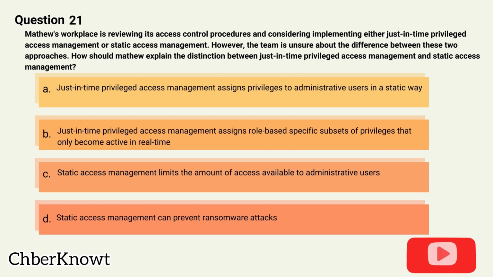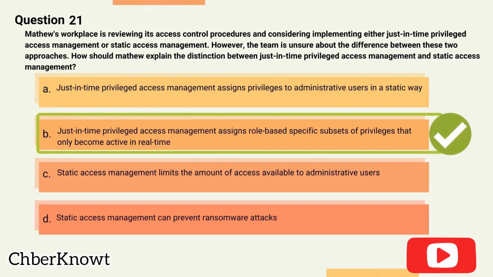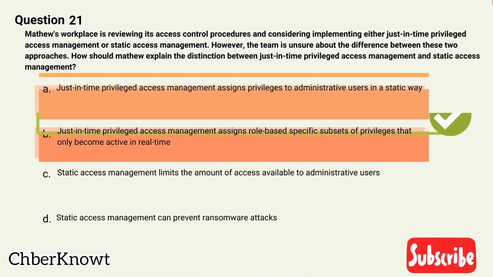Option C. Static access management limits the amount of access available to administrative users. Option D. Static access management can prevent ransomware attacks. The correct answer is Option B. Just-in-time privileged access management assigns role-based specific subsets of privileges that only become active in real time.